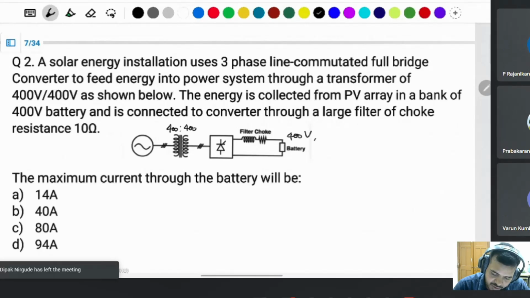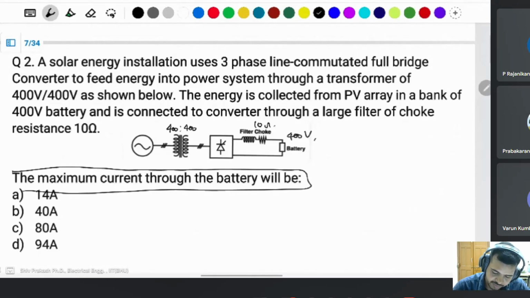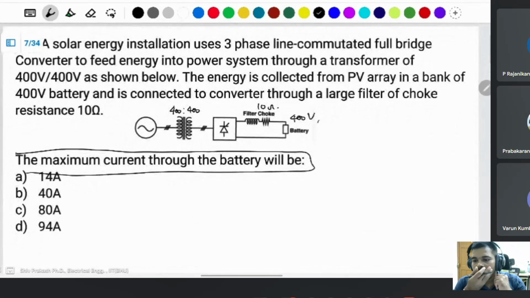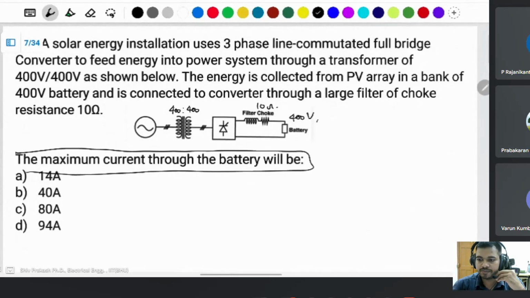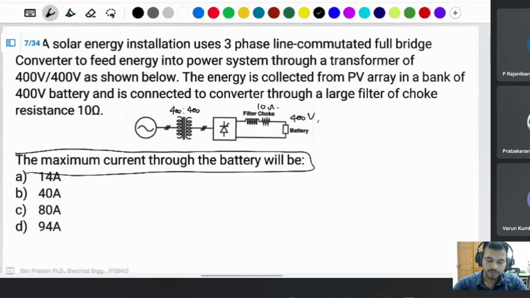A large filter choke is there, whose resistance is 10 ohm. Now, what is the maximum current through the battery? Sorry. What is the maximum current through the battery?